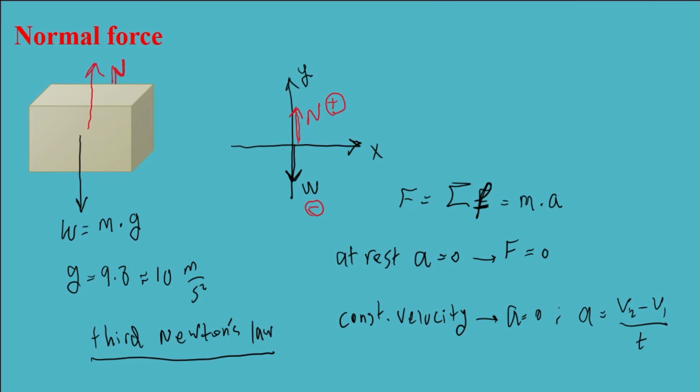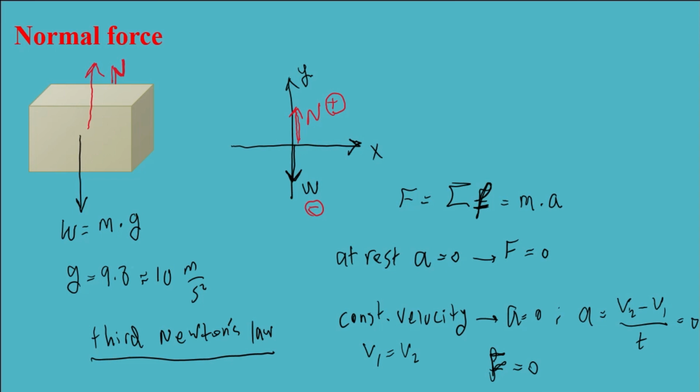So if it is moving with a constant velocity, that means my v1 is equal to v2. That's the meaning of constant velocity. So the acceleration is 0, so F is equal to 0, like a net force of 0.